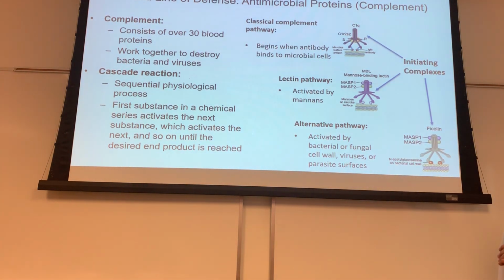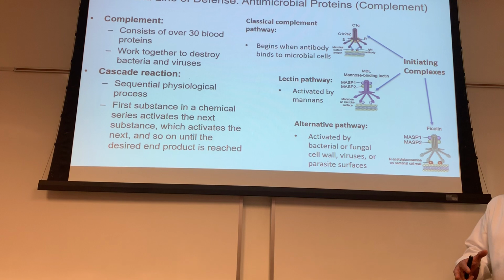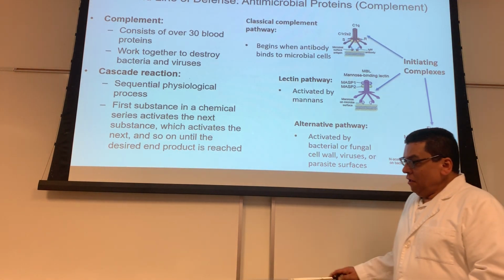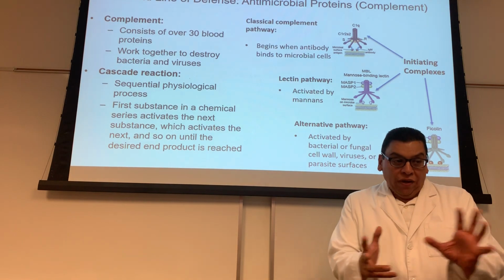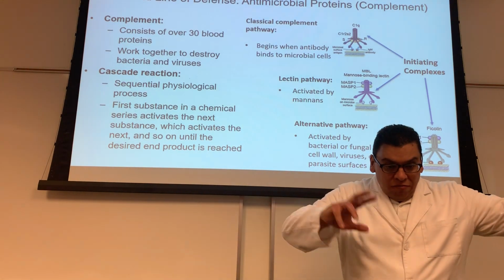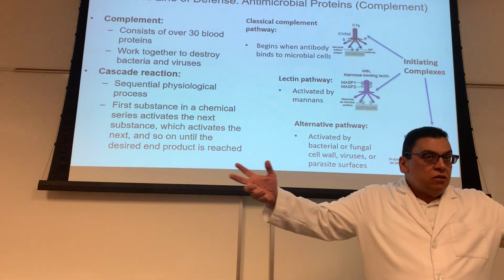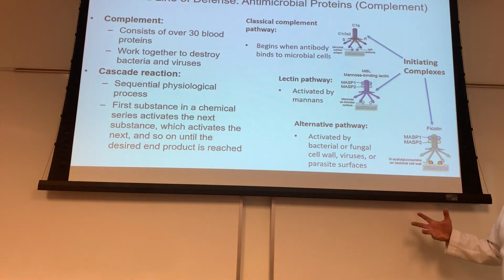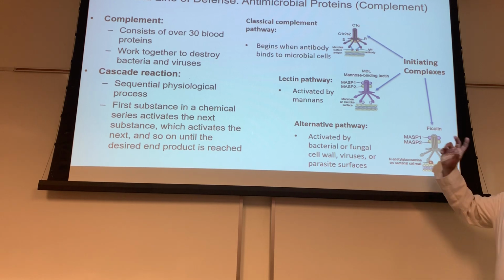Well, they first have to recognize it's bacteria and start assembling on the surface of the bacteria. Remember, there are 30 different proteins. They're not going together. They're separate, soluble proteins. They go on their own. They only start coming together when they're fighting the pathogen.